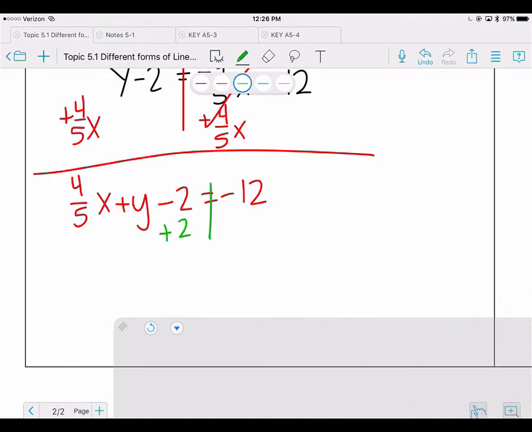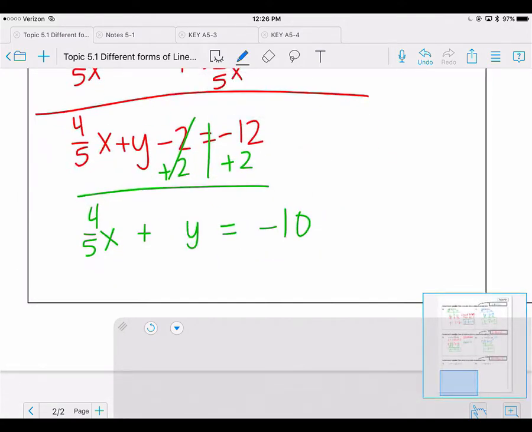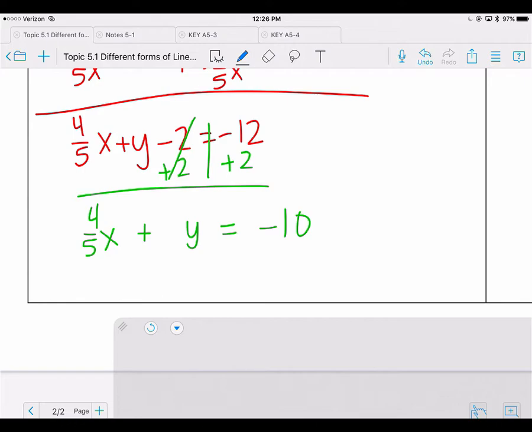I add 2 to both sides to get x and y only on this side. And I have negative 10 on the right side. Now, x and y have to be together, check. A has to be positive, check. No fractions. Those are the 3 things with standard form.